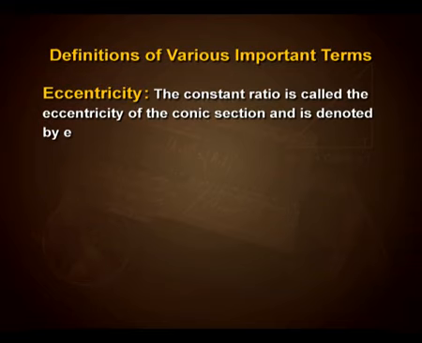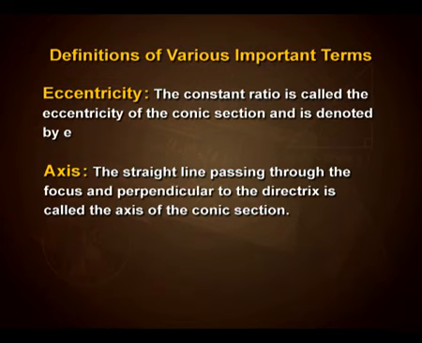Eccentricity: the constant ratio is called the eccentricity of the conic section and is denoted by e. Axis: the straight line passing through the focus and perpendicular to the directrix is called the axis of the conic section. What is vertex?